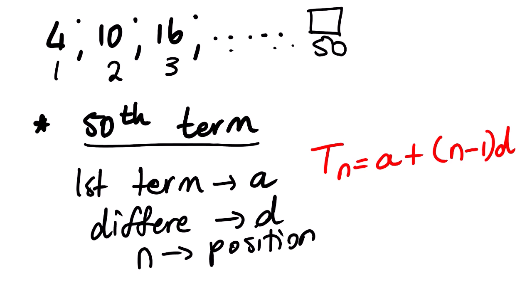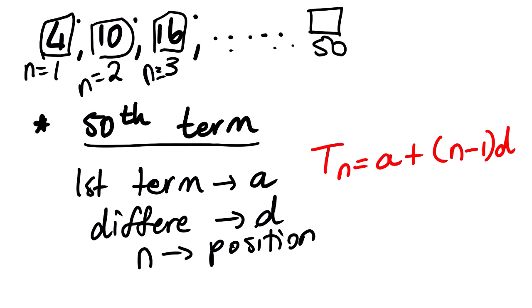So n1 is 4, n2 is 10, and n3 is 16. So you are actually looking for n50. In order for us to get n50, we need to use this general equation and determine the equation for this specific number pattern.